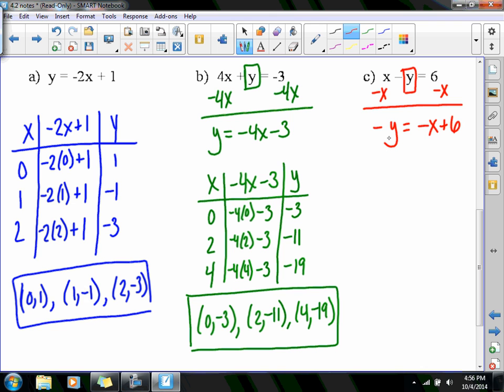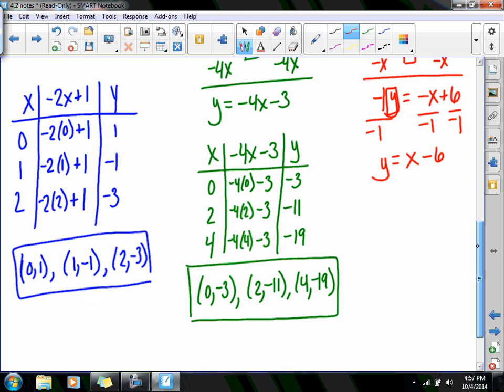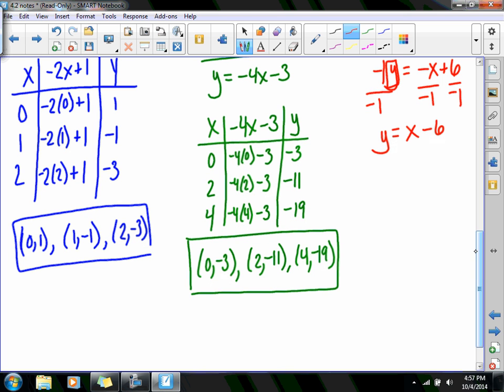Now again, I'm still trying to solve for this y, and this negative in front of it, remember there's a negative 1 there that's being multiplied by the y. So that's what I'm going to divide by to get the y completely by itself. So my equation now will be y equals x minus 6.